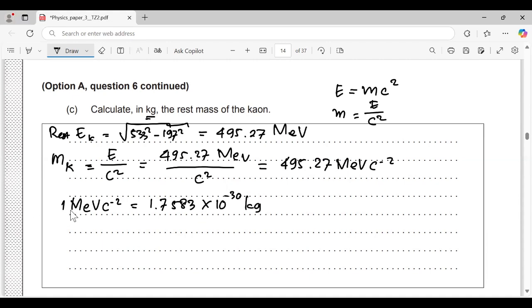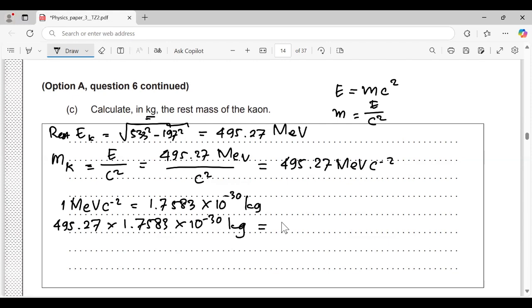This is the conversion. Now we are going to multiply this result with this number: 495.27 times 1.7583 times 10 power minus 30 kilograms.